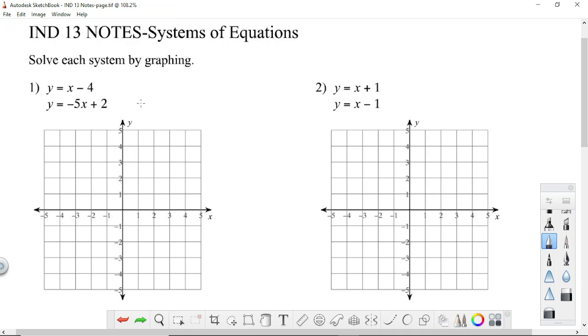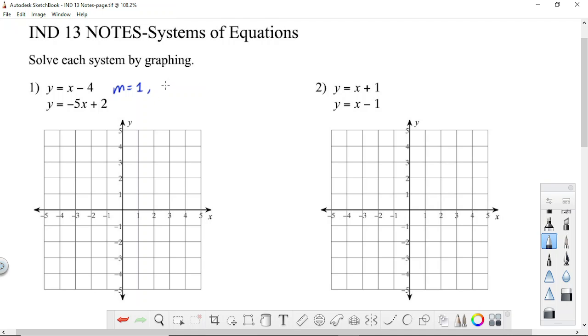So let's do this. These are in slope-intercept form, which makes it a little easier to graph them. So we need the slope and the intercept for each of them, and then we'll graph it. Looking at the first one, the slope is 1.